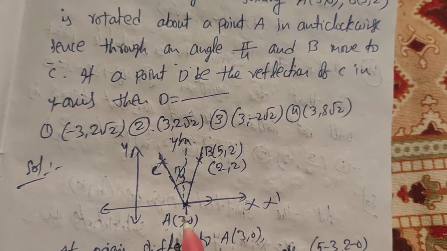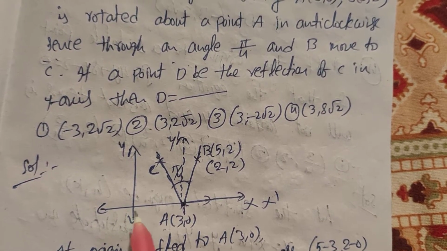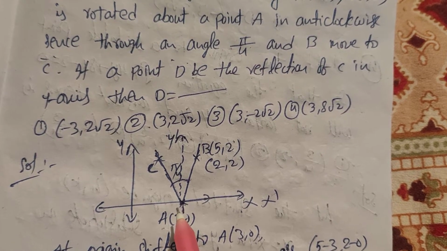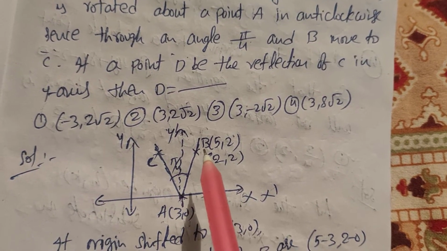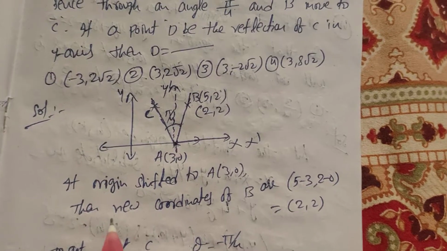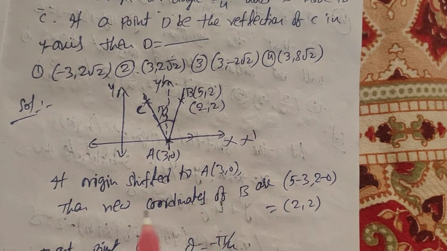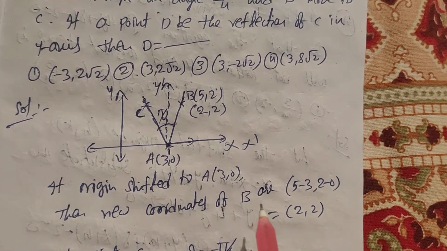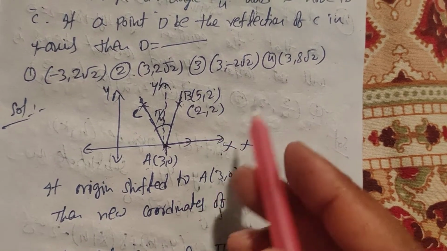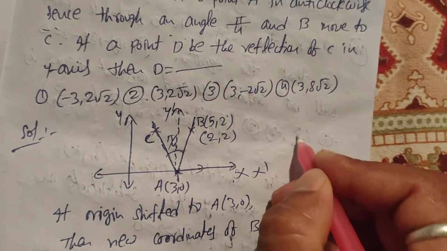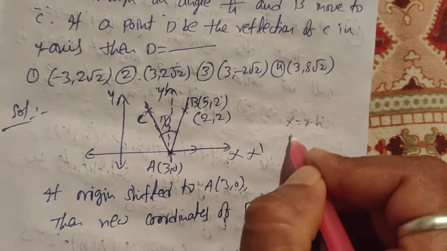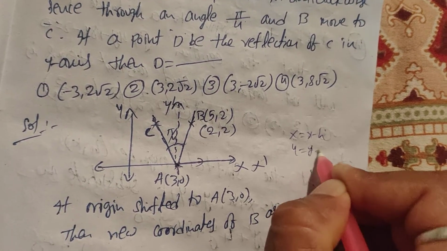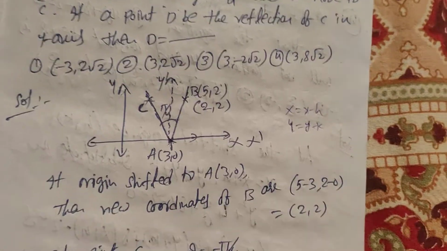So after translating the origin to this A(3, 0), point B becomes (2, 2). If the origin is shifted to A(3, 0), what are the new coordinates of B? What is the formula? Capital X is equal to x minus h, capital Y is equal to small y minus k. This is the formula we know.